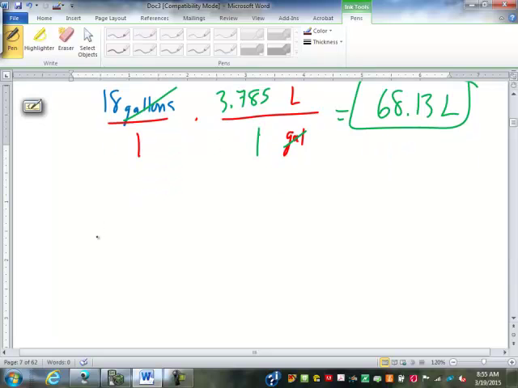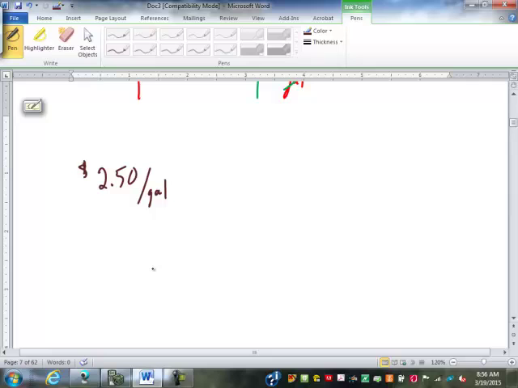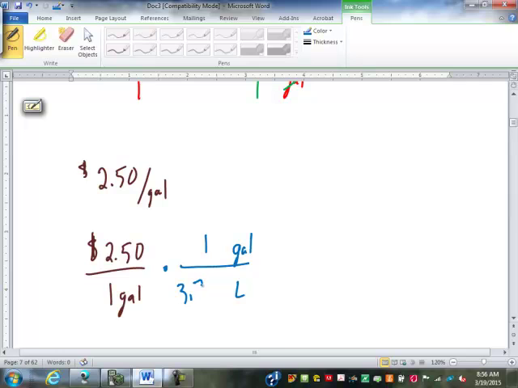What's gas right now? 240, 250? Or is it 249? We'll go 250 dollars per gallon, right? If we switched over to liters today, what would they charge to keep the price the same? Well, it's $2.50 over 1 gallon. So we want to go from gallons to liters. The gallons are going to go on top this time. 1 over 3.785. Gallons cross cancel.